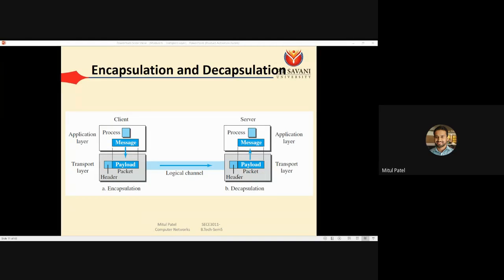So we will remove the header, then we will know that there are many processes on the server side, and to which process we have to give the data. For example, let's say you are connecting to a mail server, an SMTP server. For SMTP, let's say our port number is 23.